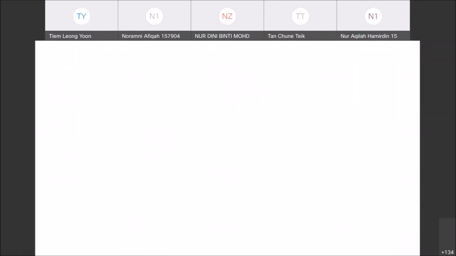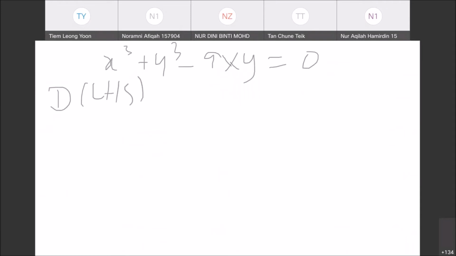Okay, so I'll write down x cubed plus y cubed minus 9xy equals 0. So again, you perform the derivative on the left hand side, and then you perform the derivative on the right hand side. The right hand side is 0, right?